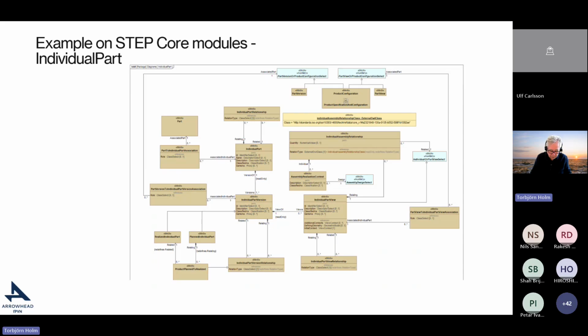One benefit that I said was the way that STEP core is created. It consists of like 45 modules, and this is the MagicDraw SysML V1 one of these modules. When we did this manually, we took one module after another and we created a translation for each class and concatenated them.